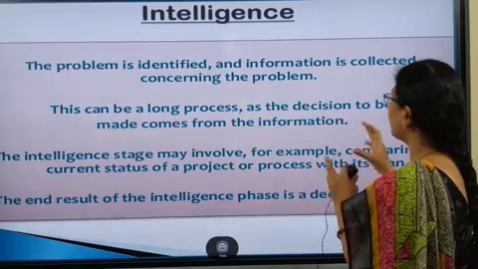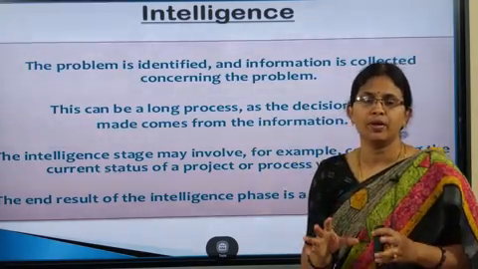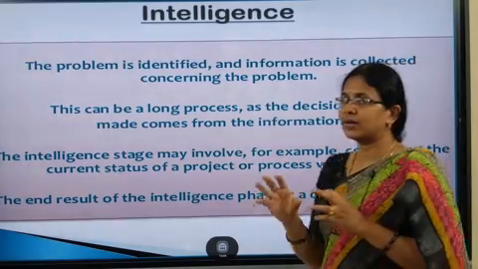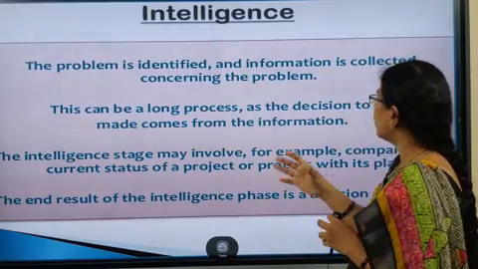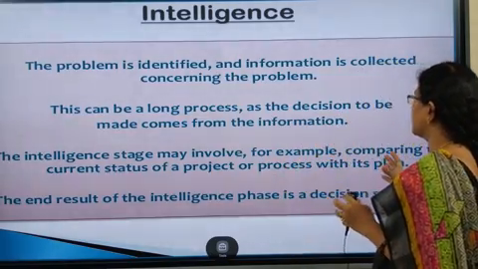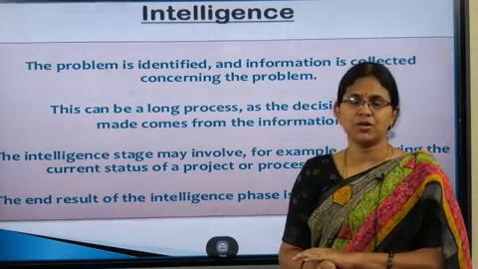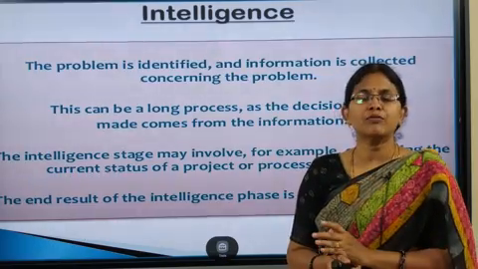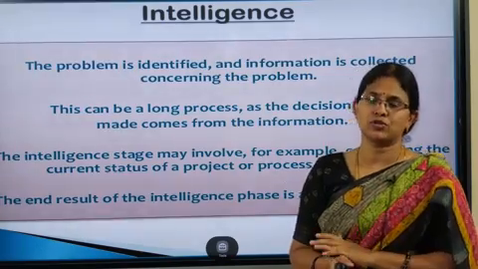In the intelligence phase, first you have to identify the problem, and next you have to collect the information related to that problem. This can be a long process, and the decision to be made comes from the information. Out of whatever information you gather, you take a particular decision which supports your action.